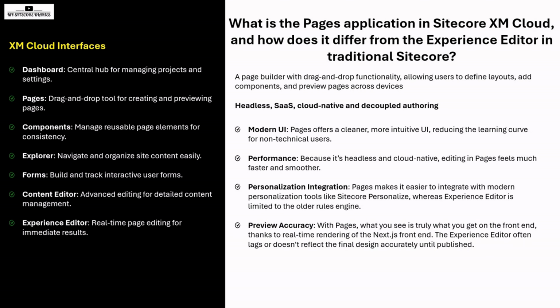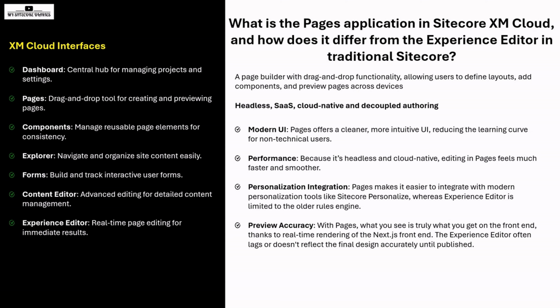The fourth one is preview accuracy. With pages, what you see is truly what you get on the front end, thanks to real-time rendering of the Next.js front end. When you use pages, you will feel that you are closer to the real world, closer to your real page which is live, like you are actually updating your website.